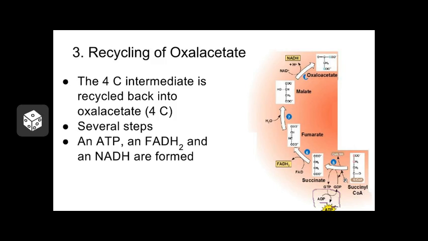Other enzymes are also present that will make an FADH2, which becomes reduced and is filled with energy, and at another point an NADH is going to get filled up with energy as well. At this point, oxalacetate has been recycled, so that cycle can start over again, and it will repeat over and over and over again as long as the cell continues to need ATP.